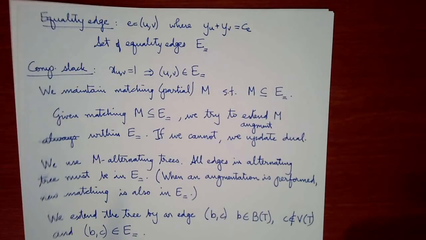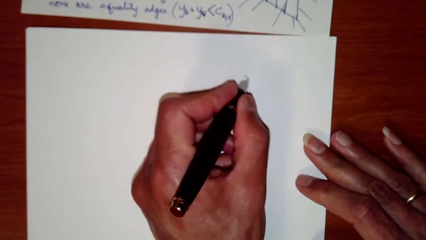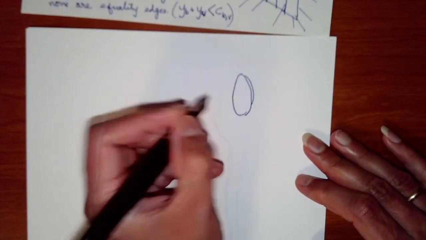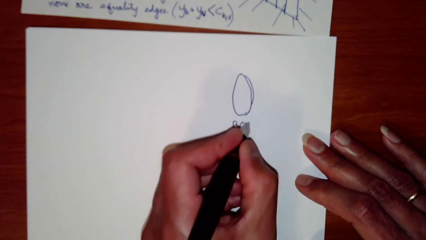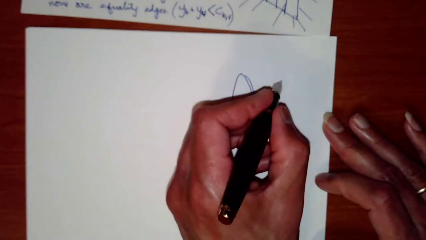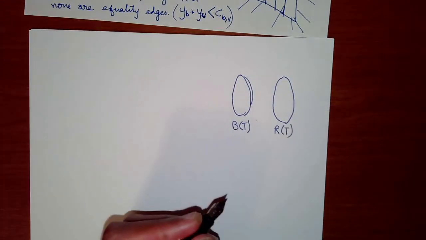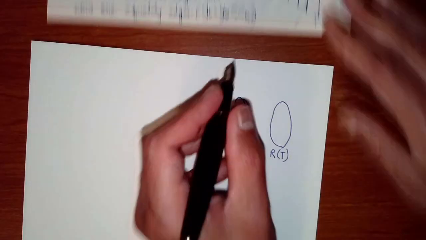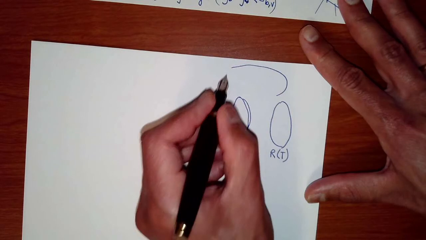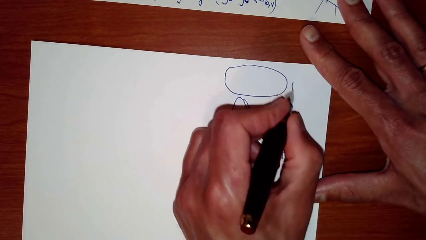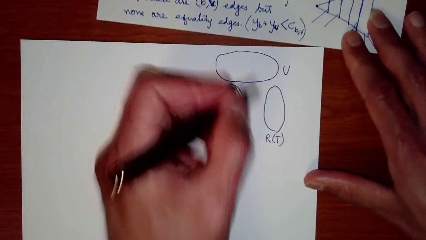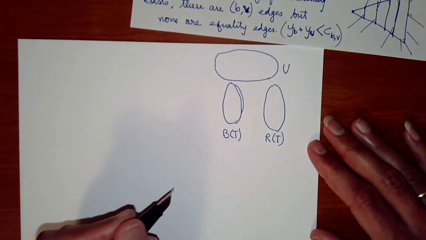So I'm going to draw my picture as follows. This is the blue set. This is the red set. And these are all the other vertices.